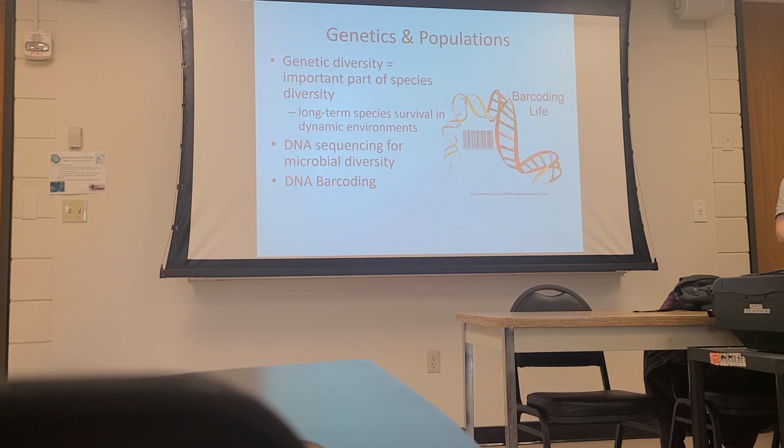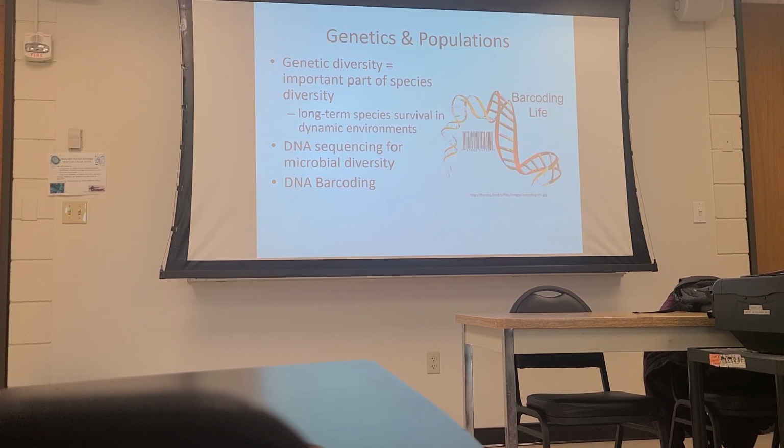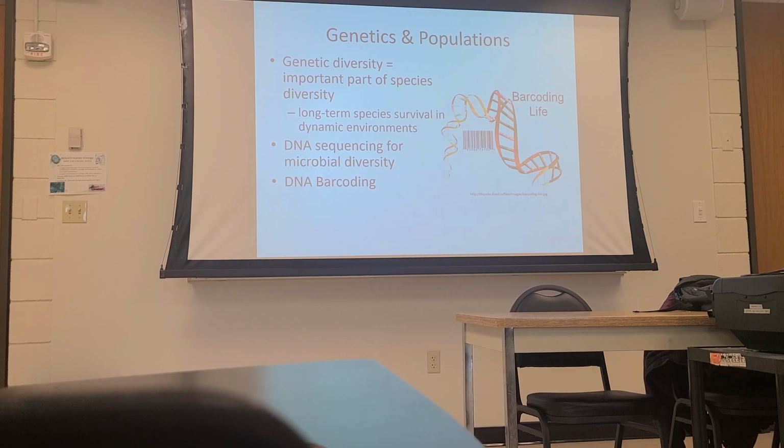Have you heard of DNA barcoding? One of the things that some aquatic ecologists like to do is go get an algae sample or a macroinvertebrate sample and try to find all the species that you have there. And it's kind of a pain.